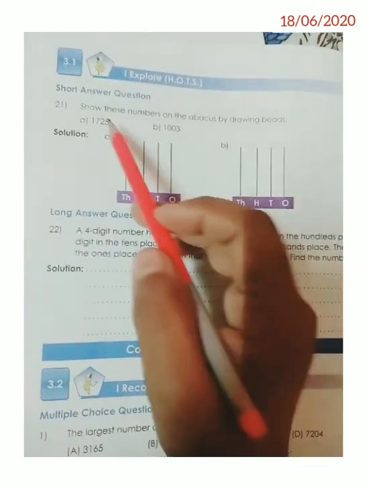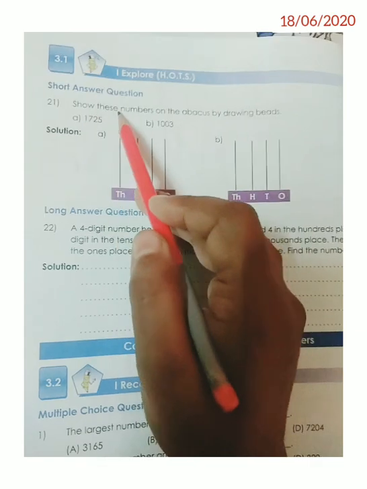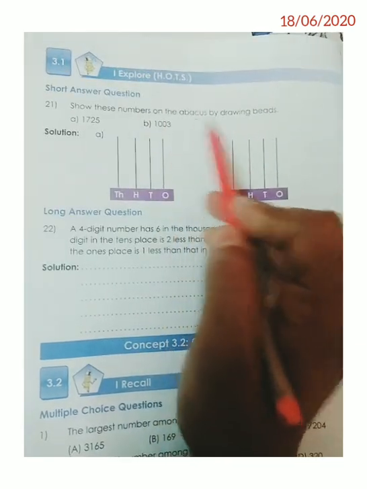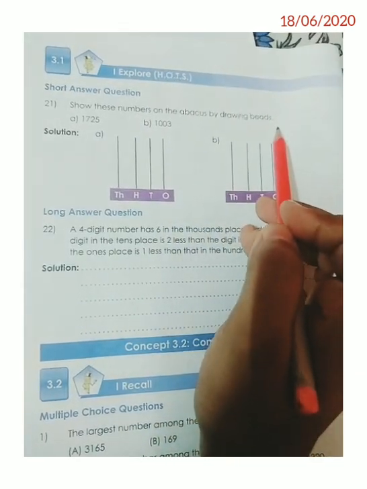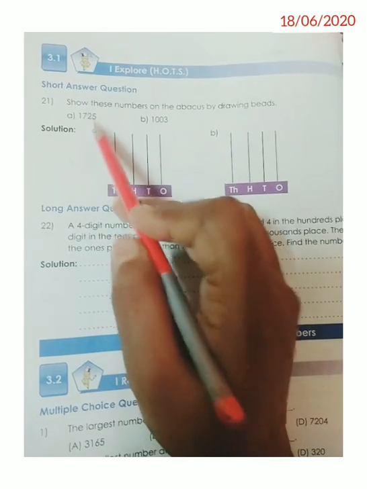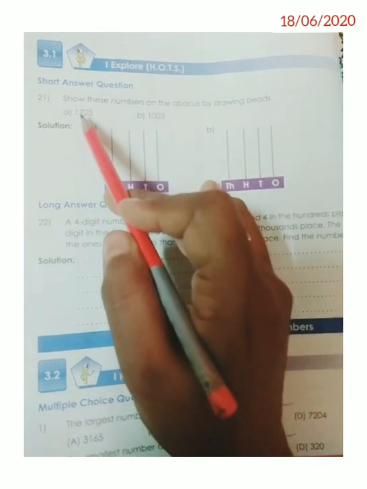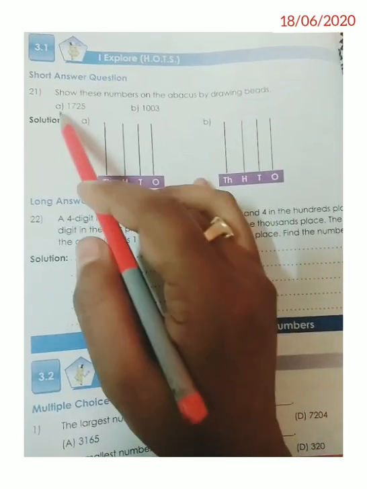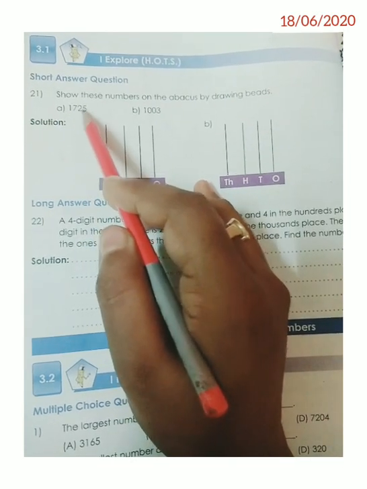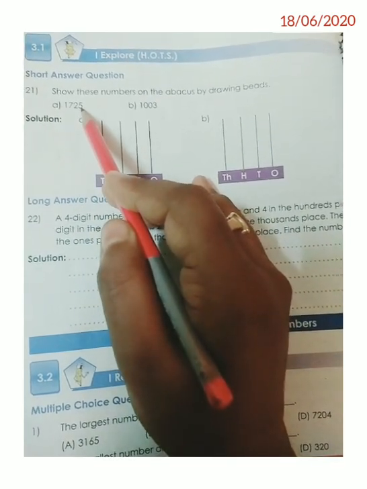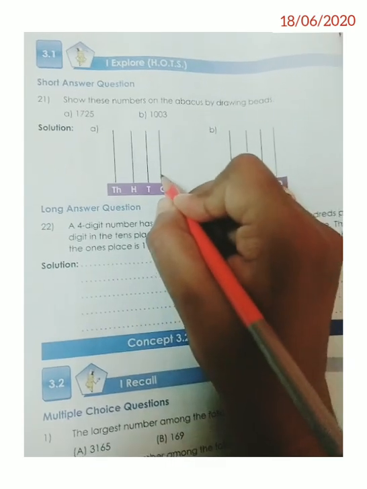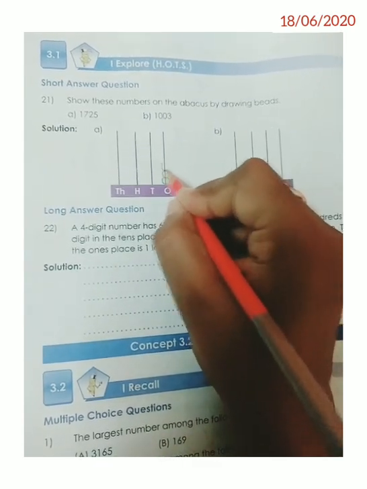Now dear children, the next question is, show these numbers on the abacus by drawing beads. Alright, we have to show the numbers on the abacus by drawing beads of the given number. The first number is 1723. So in the ones place we are having 3, so we will draw 3 beads. 1, 2, 3.